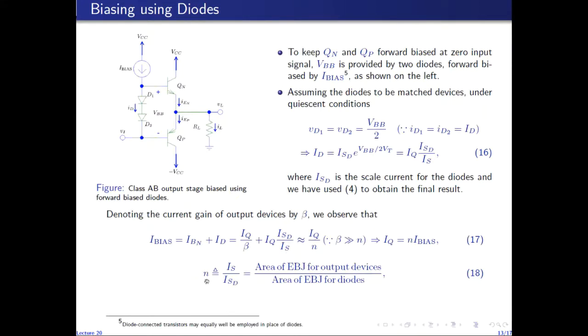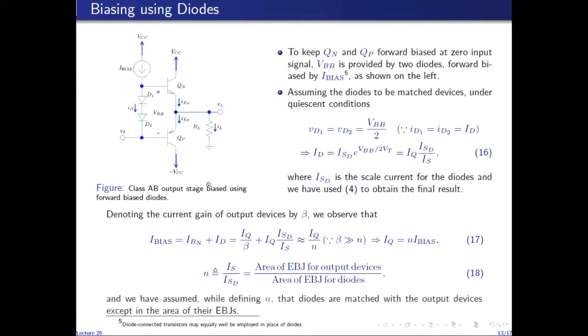So if we define the ratio of the scale current of the output devices to the scale current of the diode as N, where we have assumed that the diodes are not only matched with each other, but they are also matched with the output devices, except in the area of their emitter-base junction.